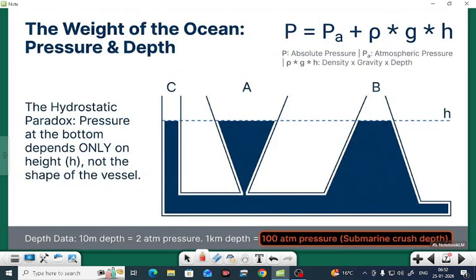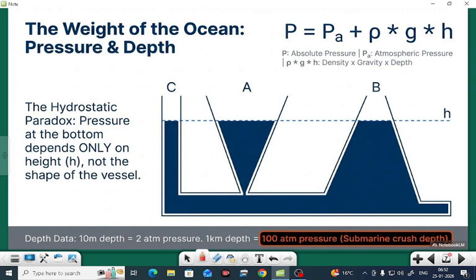The next important thing is the weight of the ocean: pressure and depth. Here absolute pressure is P equals Pa plus rho g h, where Pa is atmospheric pressure and rho g h is density times gravity times depth. The hydrostatic paradox: pressure at the bottom depends only on height, not on the shape of the vessel.